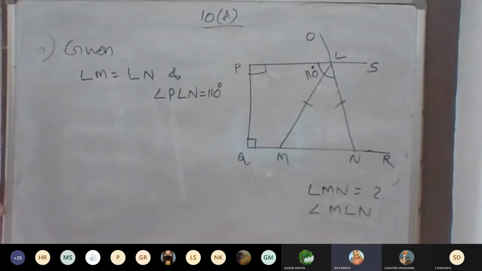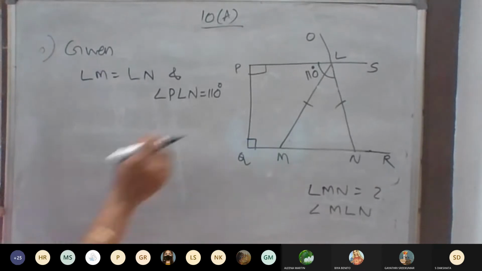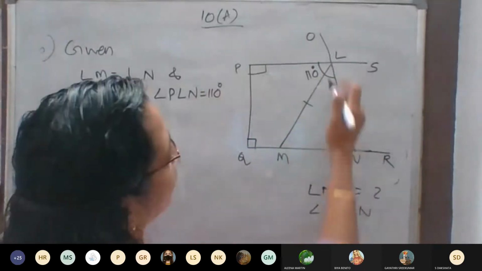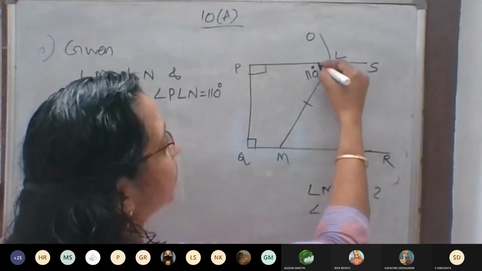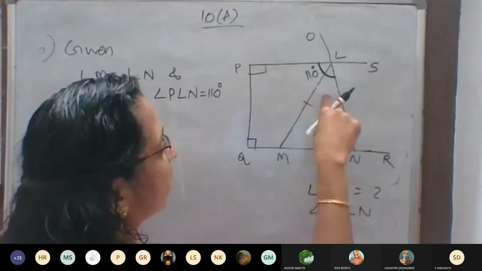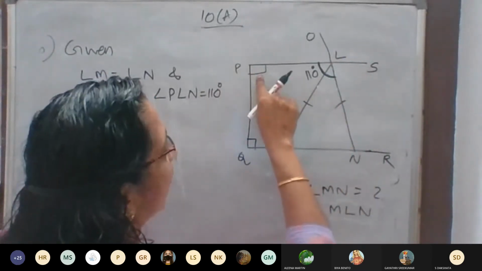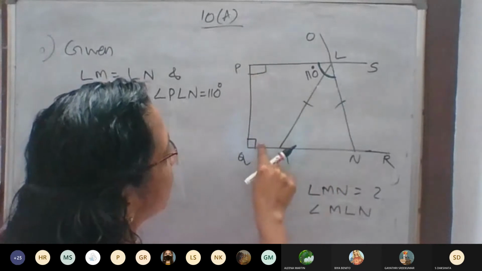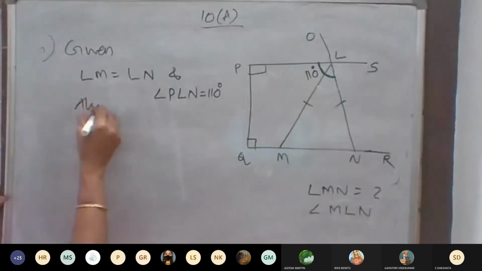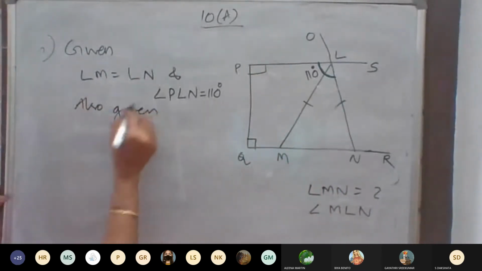So for this we are considering, which one do we have? PLN, the whole angle, we have. So we can consider this triangle. Angle P is given, angle Q is given. Also given what? One more clue is given there in the question, no? Also given.